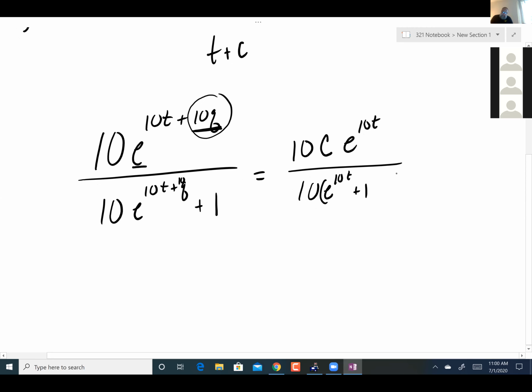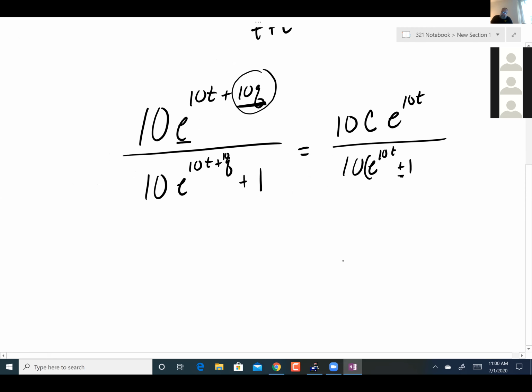If this had ever been a negative right here, look what that means. I'm just going to write a constant. So you've got whatever on top. Let's just say it's 10, and then you've got c e to the 10t on the bottom or whatever, minus 1. What would happen if there was a negative here?